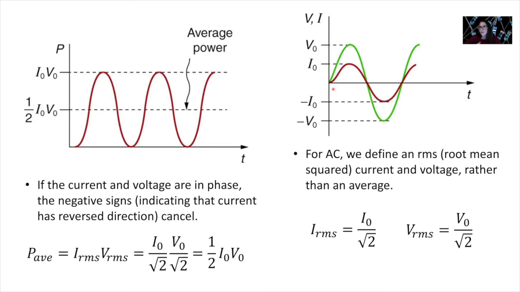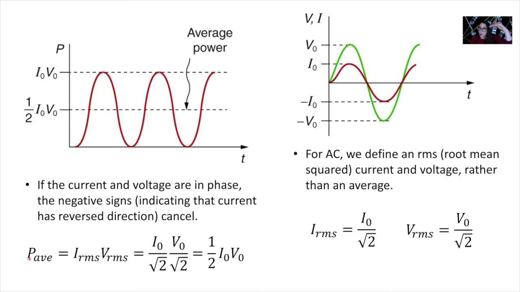So if you took the literal average of those, you would get 0. So we do this RMS calculation instead, as a stand-in for the average of the current and the potential. Those RMS current and voltage values are just the maximum current or voltage divided by the square root of 2.